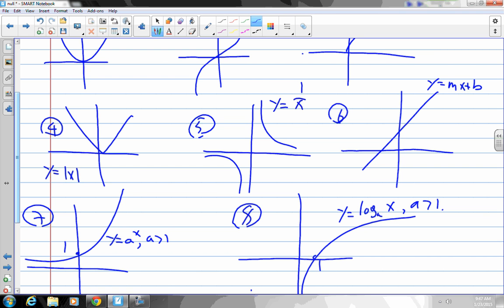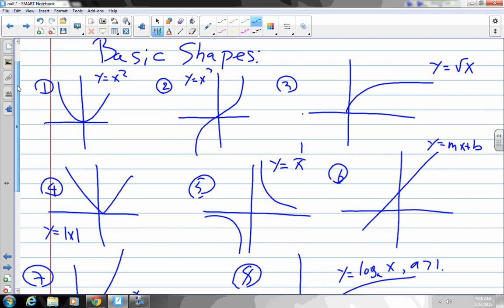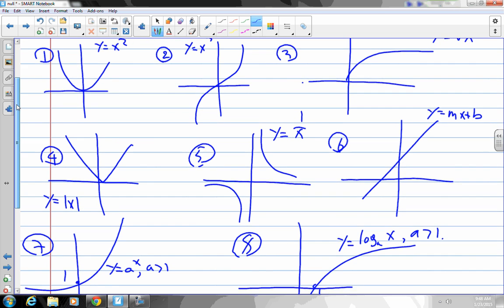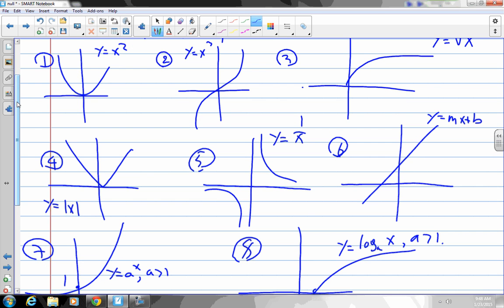Some of these functions have symmetry, don't they? Do you recognize the symmetry in some of these functions? The first function, does that have any type of symmetry? Yeah, what kind of symmetry? Y-axis. What do we call those functions that are symmetric around the y-axis?